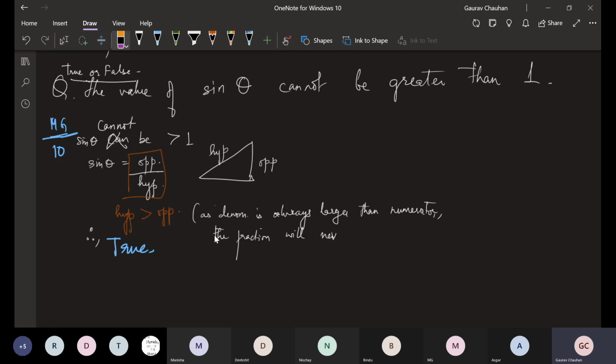Or we can write like this: as denominator is never smaller than numerator, the fraction will never be greater than 1. I hope this reasoning makes sense.